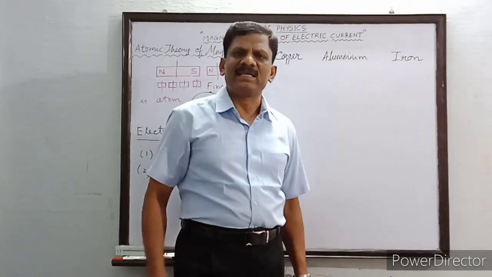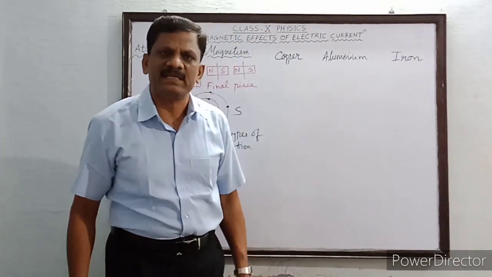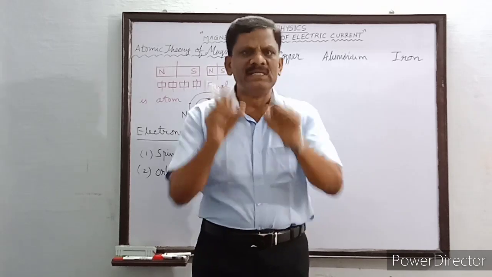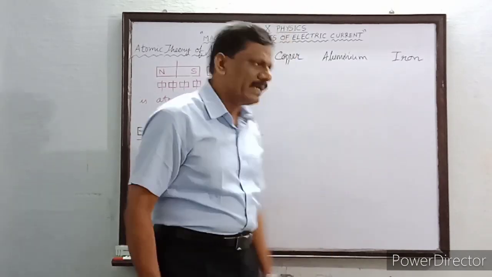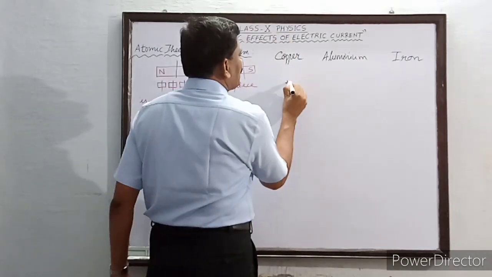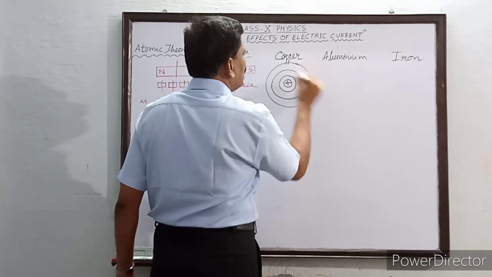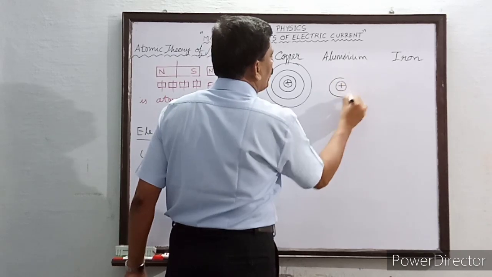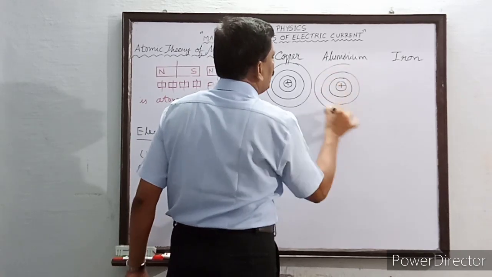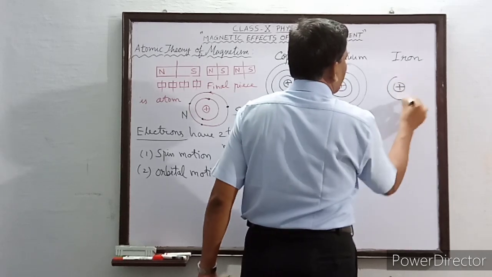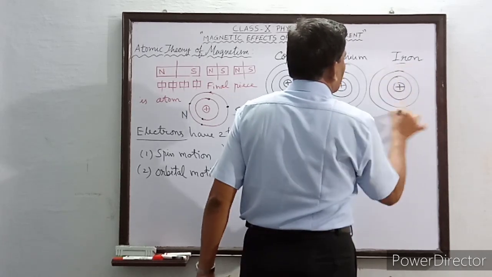Do all these atoms made up of positive and negative charges? Do all the atoms have a positively charged nucleus? So this also is having a positively charged nucleus and the revolving electrons in various orbits. Similarly, the aluminium also, like this, all these electrons are revolving around the positively charged nucleus in various orbits.